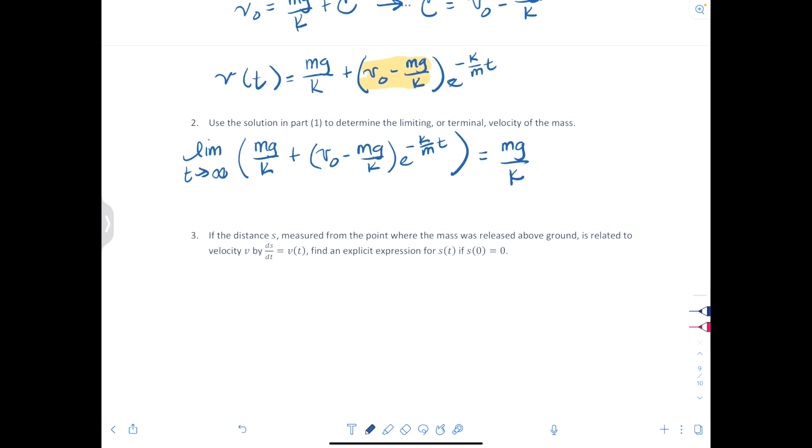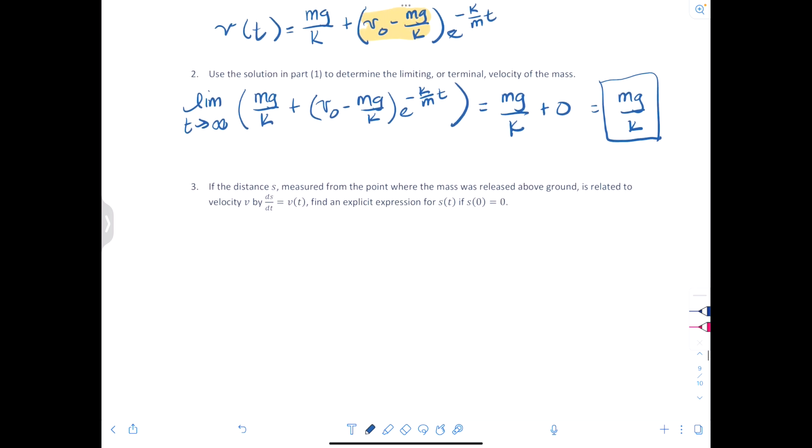And then the other stuff, as t goes to infinity, that whole term goes to 0, because if you wrote it as e to the positive k over m t in the denominator, it would be getting very, very large. So it would be plus 0, which is just m times g over k. Cool, cool?